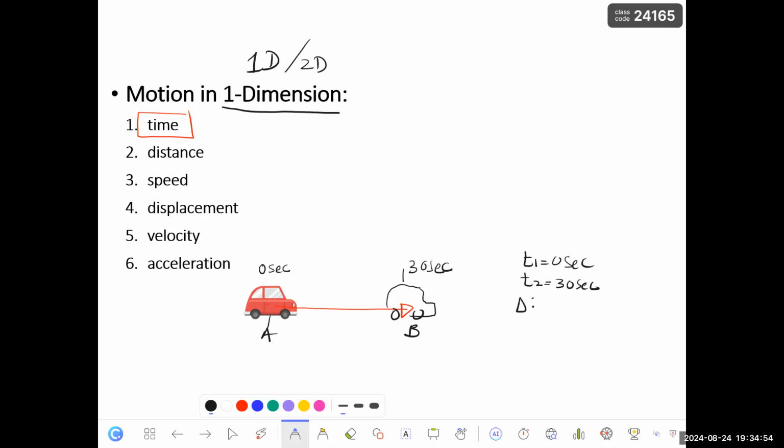So delta T, which is T2 minus T1, equals 30. Basically this car travels from point A to B in 30 seconds.